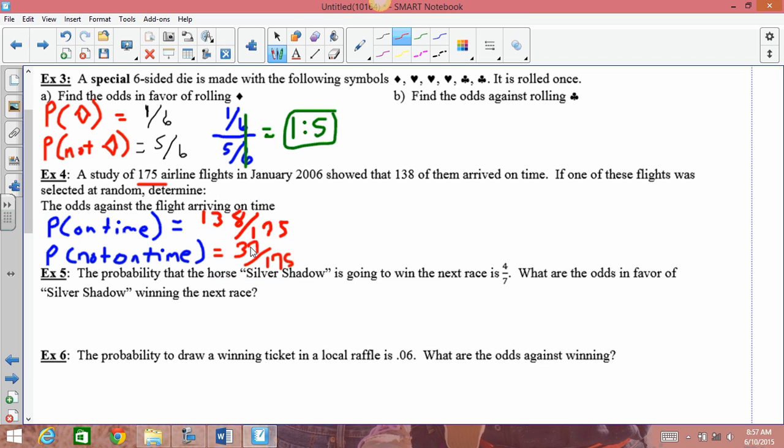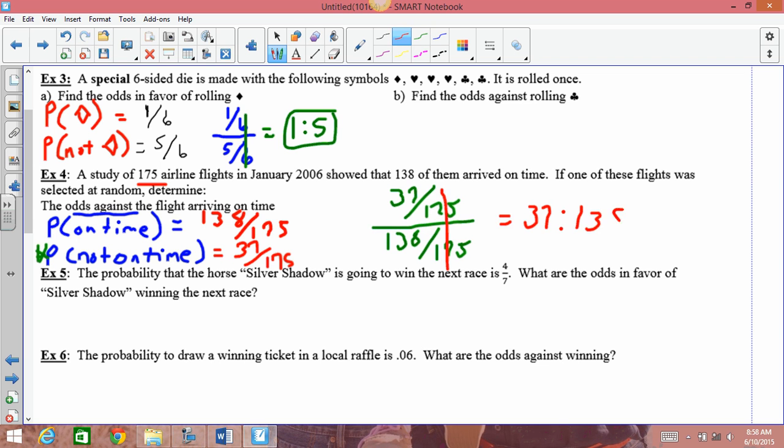You can try to reduce those. They cannot be reduced. Since I want odds against, then I want the not on top. So the not is my 37 out of 175 divided by the success, the 138 out of 175. Like we've spoken about, those 175s cancel out, and so that's going to leave me with 37 to 138.